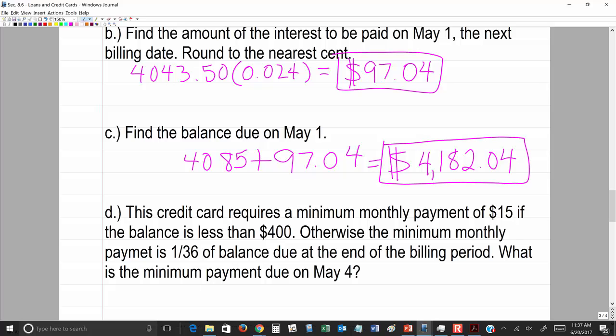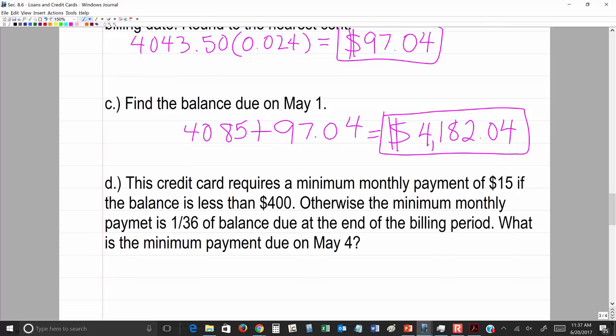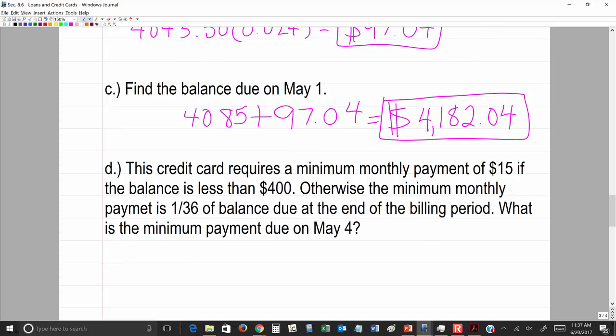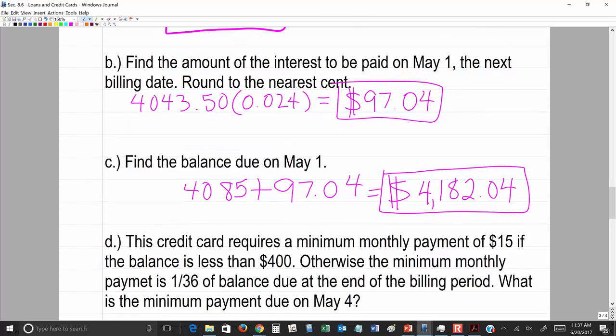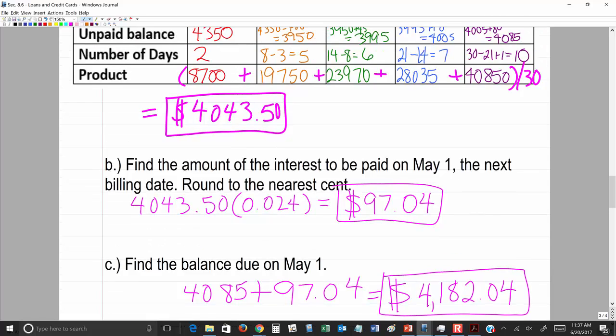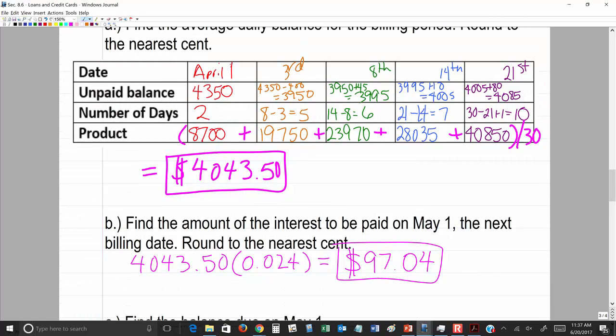So your balance you ended with was 4085. So add the interest, which is 97.04, gives you $4,182.04. And where did I get the 4085? Because that was the actual ending balance that you ended up with at the end of the month.